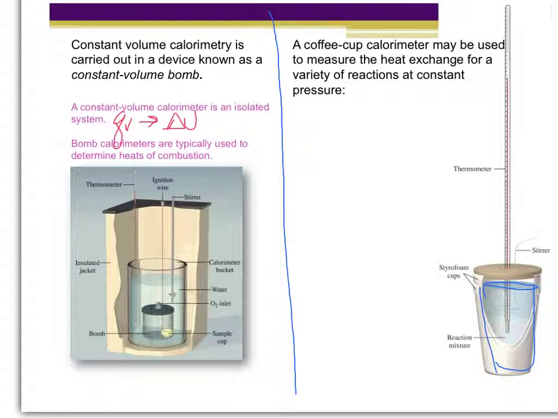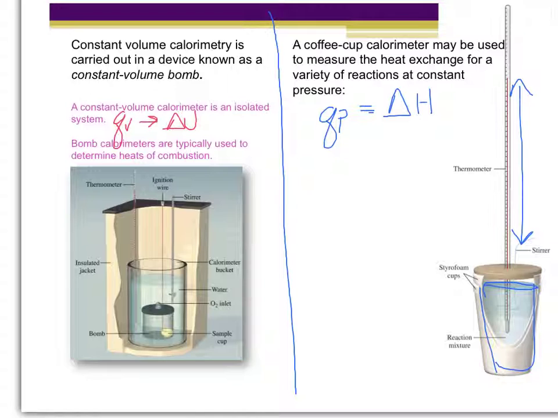We measure the change in temperature that we get from the process, and from that we can report a heat after we do the appropriate calculations, and that heat is measured under constant pressure conditions, so therefore the heat that we measure is equivalent to the measurement of the enthalpy value.